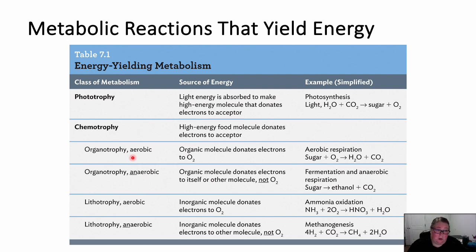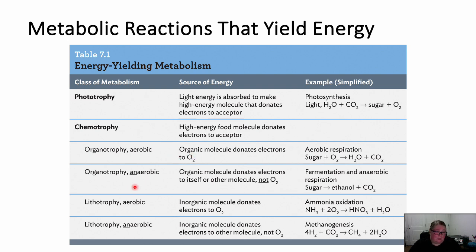We are aerobic organotrophs, which means we use an organic molecule like glucose, take its high energy electrons, and donate them to oxygen. So oxygen is our final electron receptor. That's what it means here. We're going to break sugar down with oxygen to make water and CO2 and a whole bunch of energy. That's aerobic organotrophy.